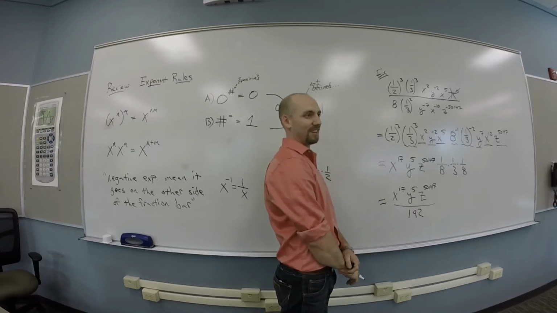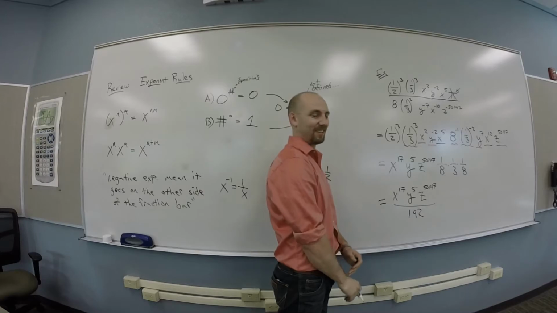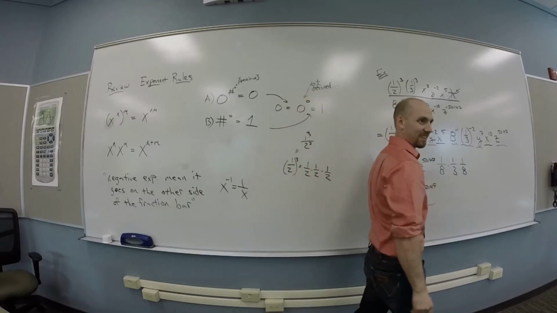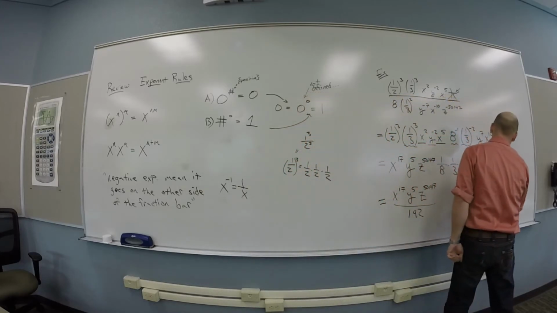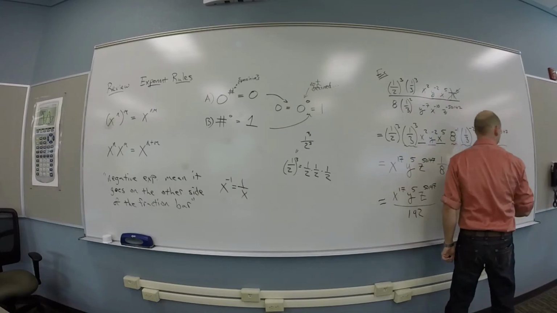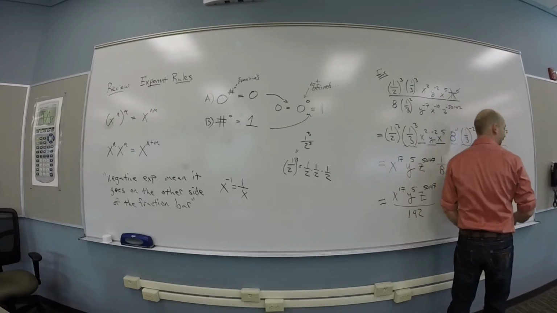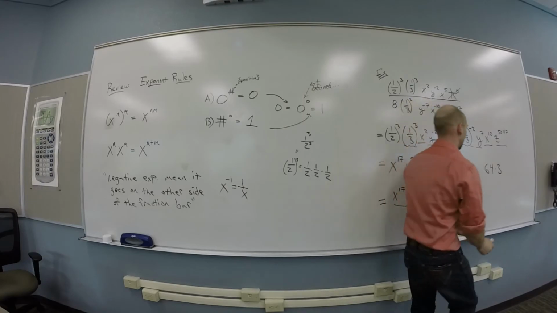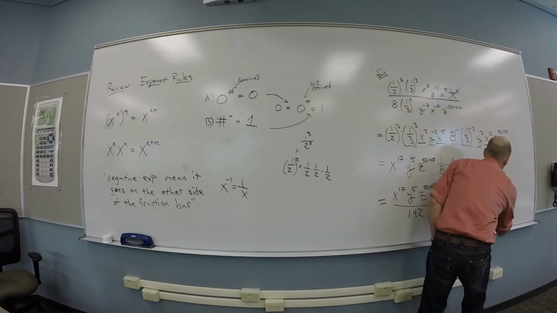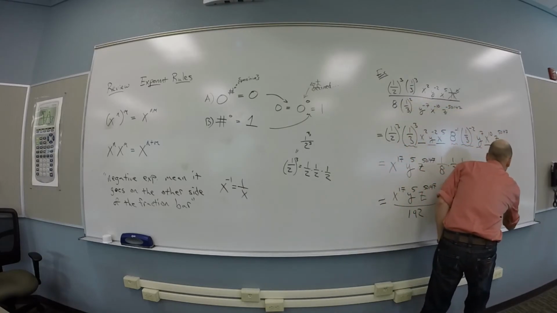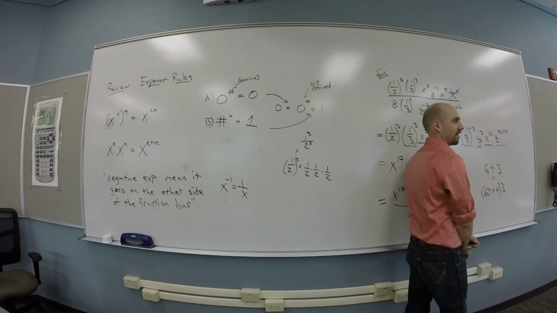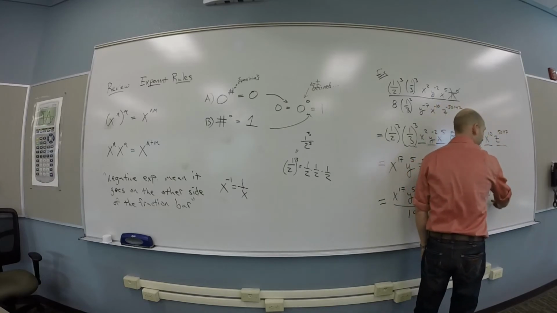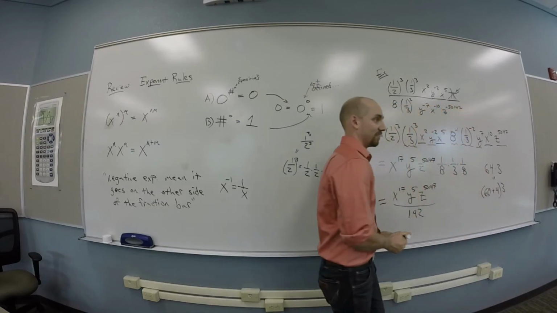I want 64 times 3, right? That's 60 plus 4 times 3. 180 and 12. It's 192.